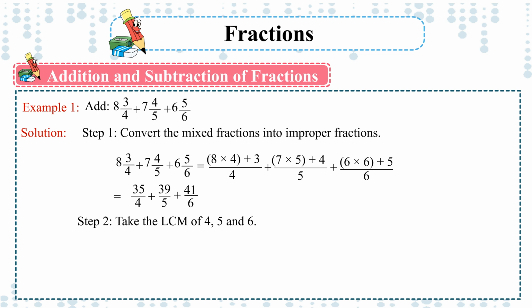Step 2. Take the LCM of 4, 5 and 6. LCM is equal to 2 multiply 5 multiply 3, which is 60.